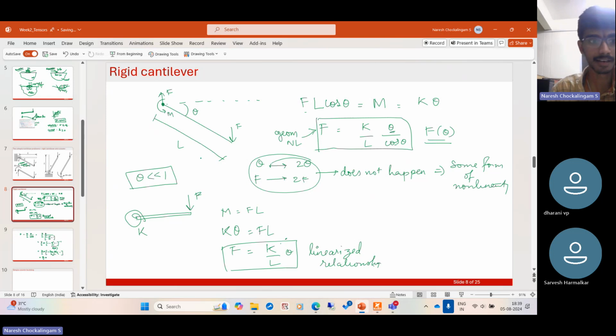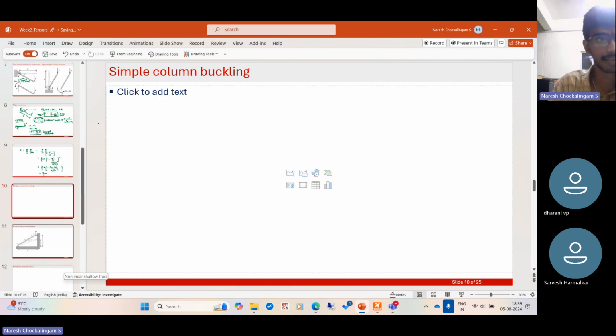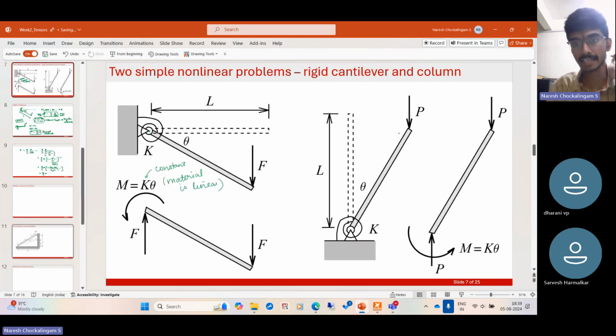The other example is buckling. So this is again a rigid column. It is supported by a torsional spring at the lower end, and you're applying a force P. Initially, this one remains straight, but as you increase the load, at a certain load, it is capable of generating a lateral deflection, right? It can start rotating.